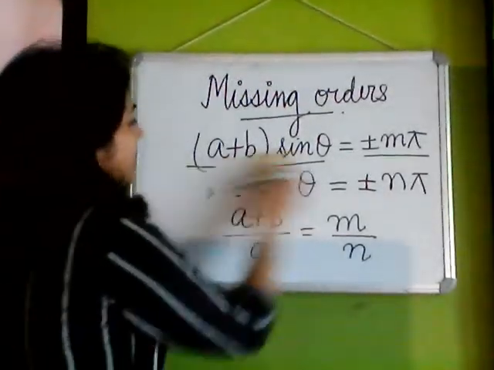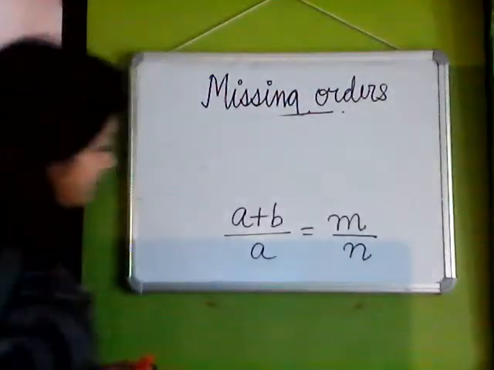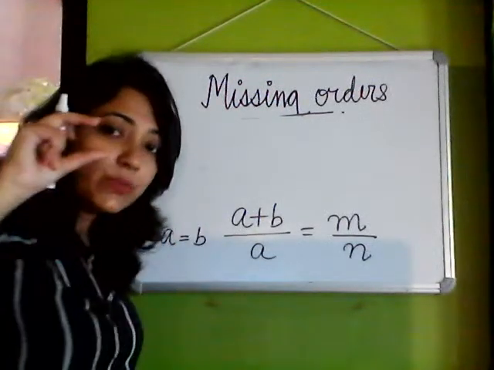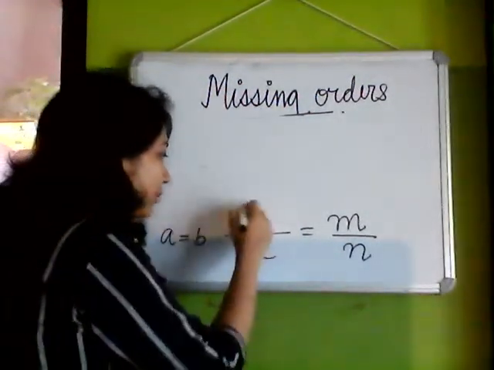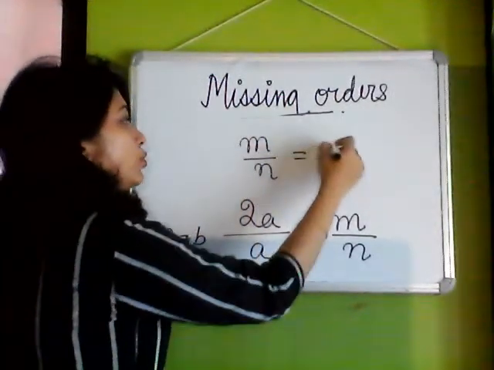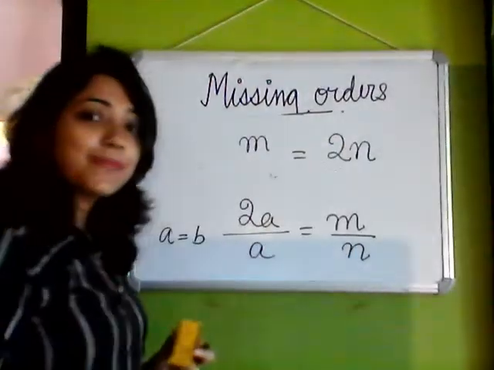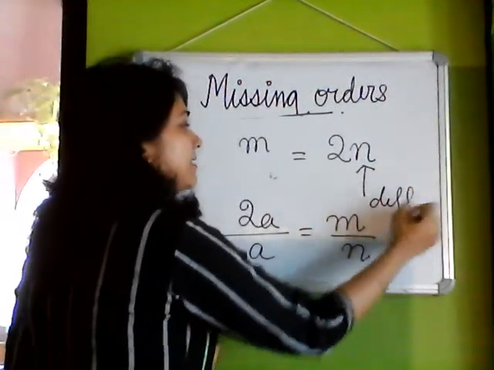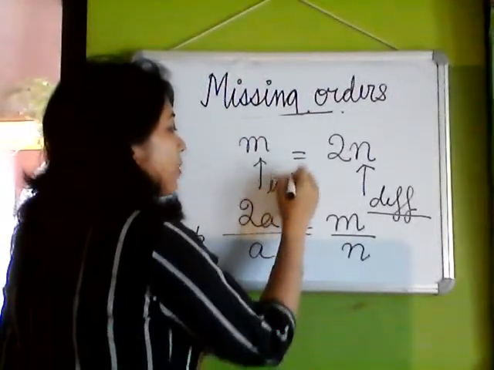In this scenario, it will be easy for you all to understand if I show you a situation where a is equal to b, where the slit width is equal to the distance between the slits. So what will I have over here? I will have 2a by a, which means m by n is equal to 2, or m is equal to 2n. Correct? And remember, these n are our diffraction orders and these m are our interference orders.